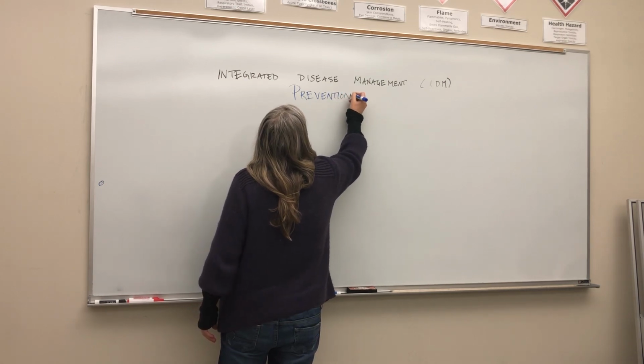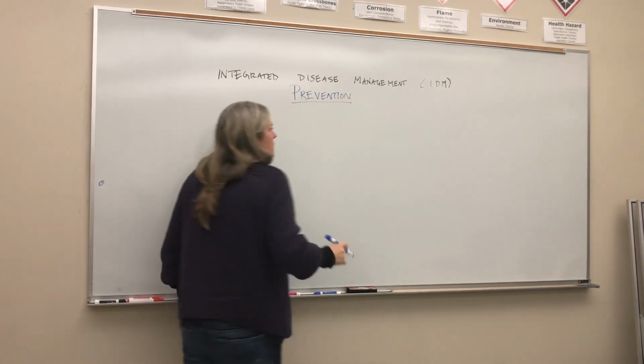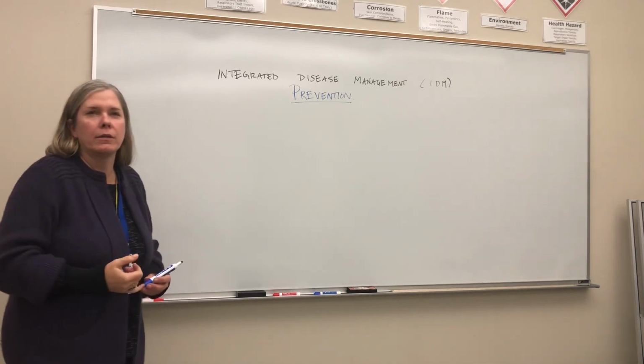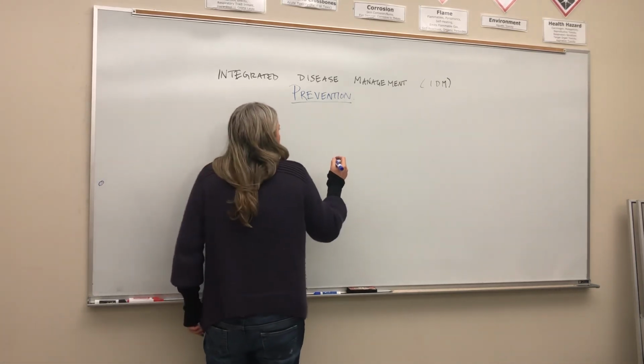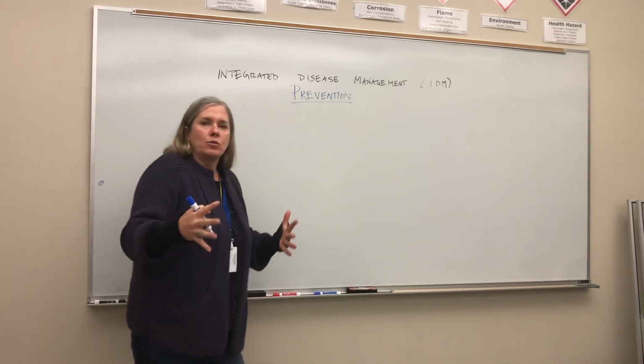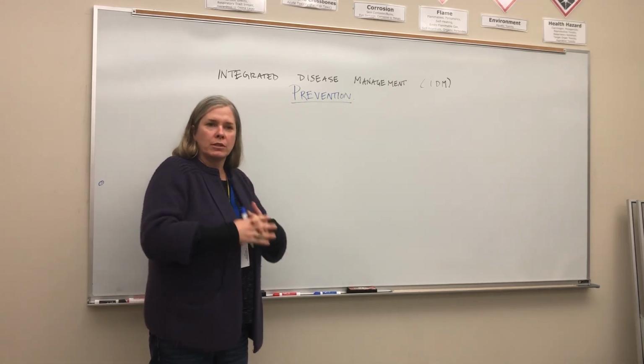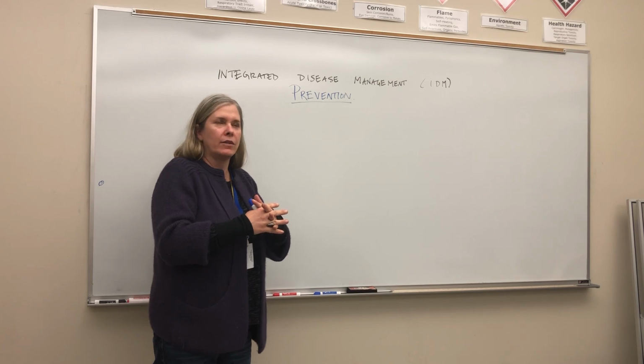Prevention, right? Prevention is always going to be number one, and prevention often gets lumped into cultural controls, which is not exactly the next step, but it's part of the next step.